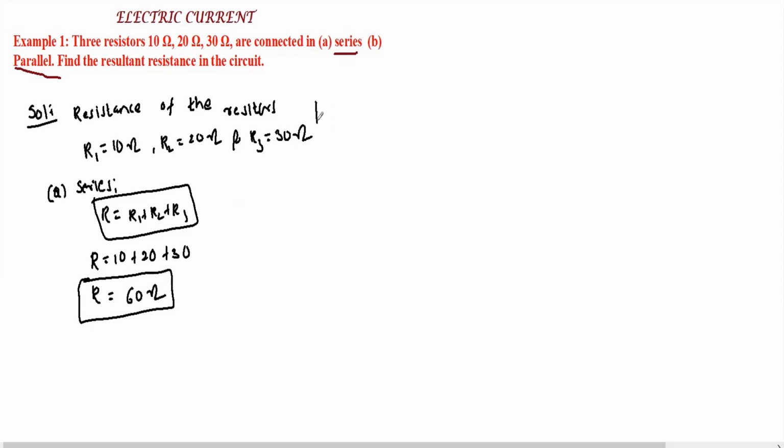And next we have to find out the parallel connection. If the resistors are arranged in parallel, we have the formula for resultant resistance: 1 by R equals 1 by R1 plus 1 by R2 plus 1 by R3.